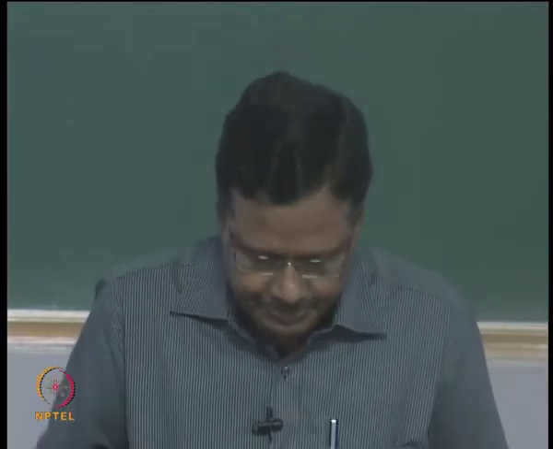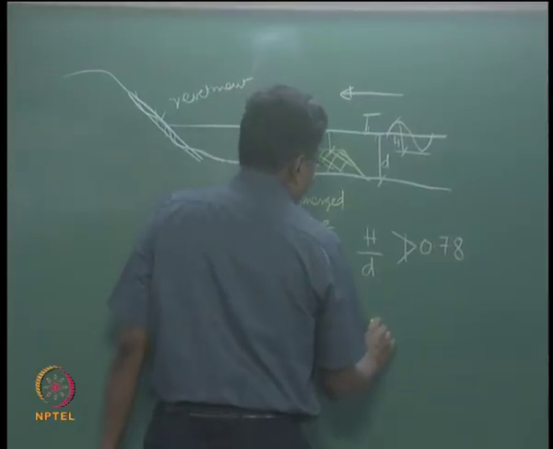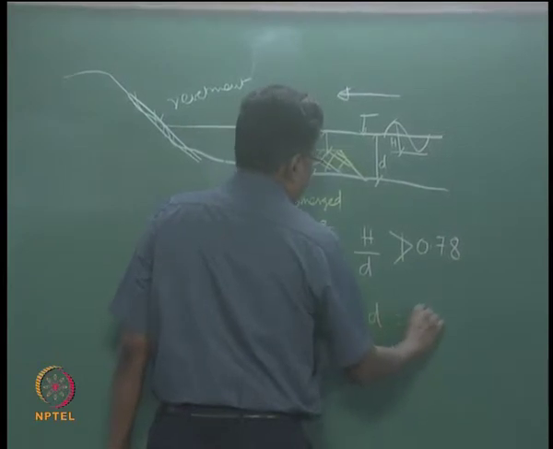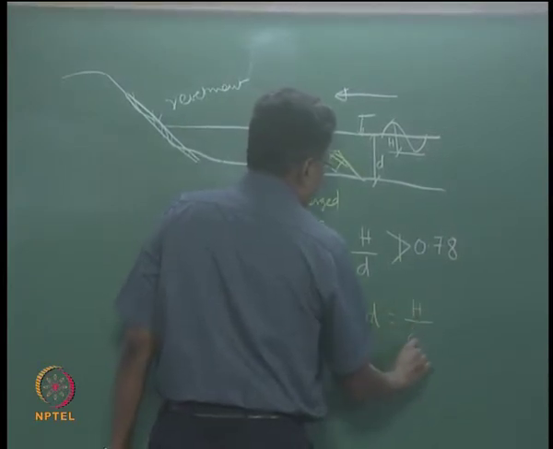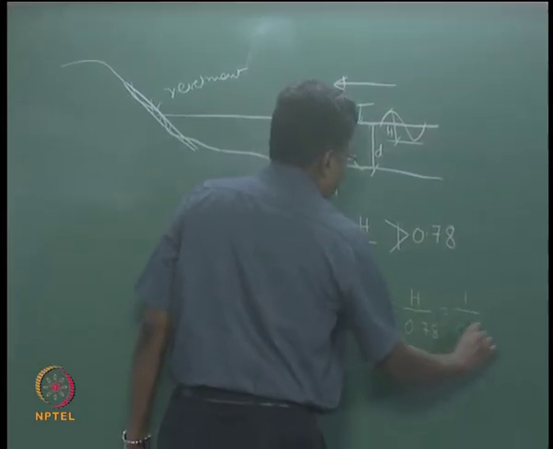Suppose that wave is about 1 meter, then the water depth in which the wave of 1 meter will break can be calculated, that is 1 divided by 0.78.